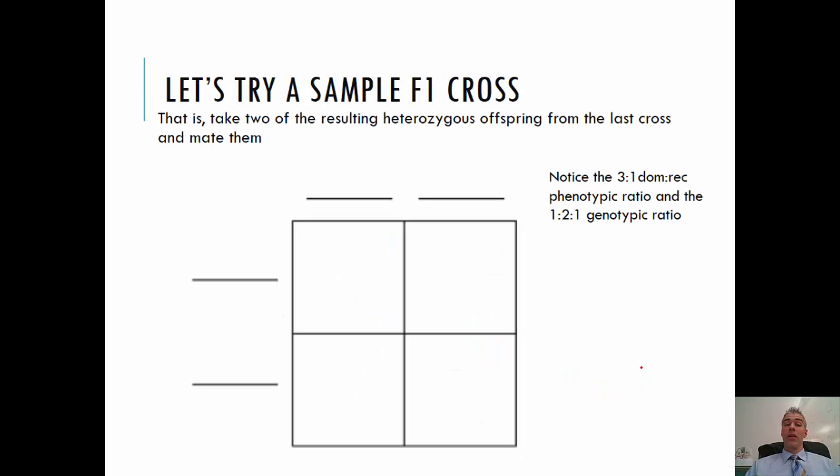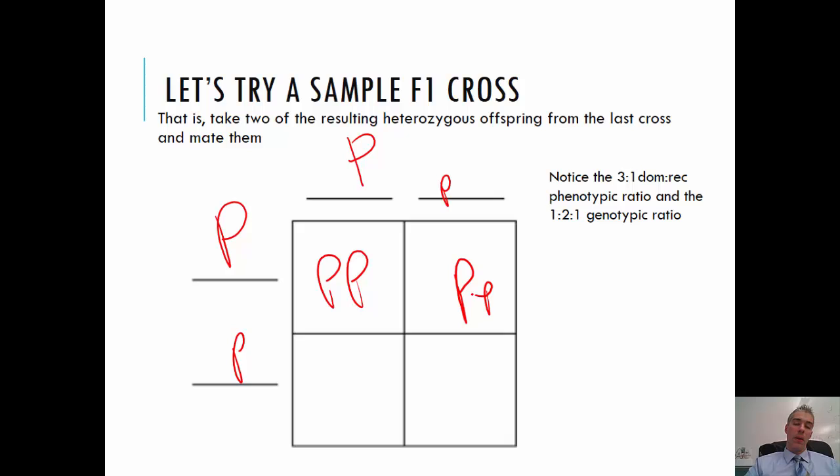Now the F1 that he did, the filial 1 cross, took the results of that parental cross and then mated them. Now every individual was big P, little p, so we're going to cross a big P, little p with a big P, little p. And now you factor: you got 2 big P's here, big P, big P, big P, little p, big P, little p, and then finally little p, little p.